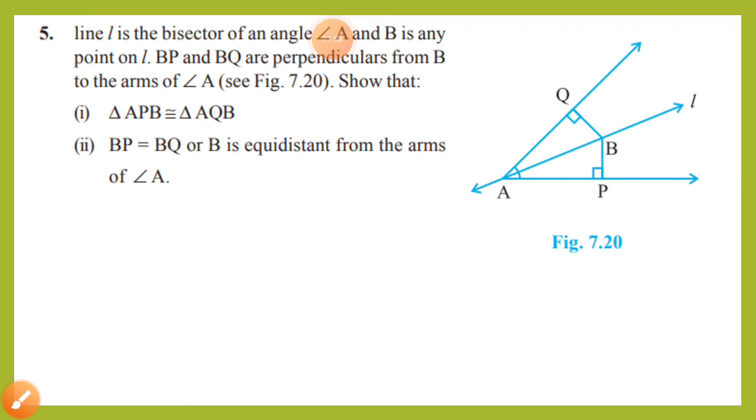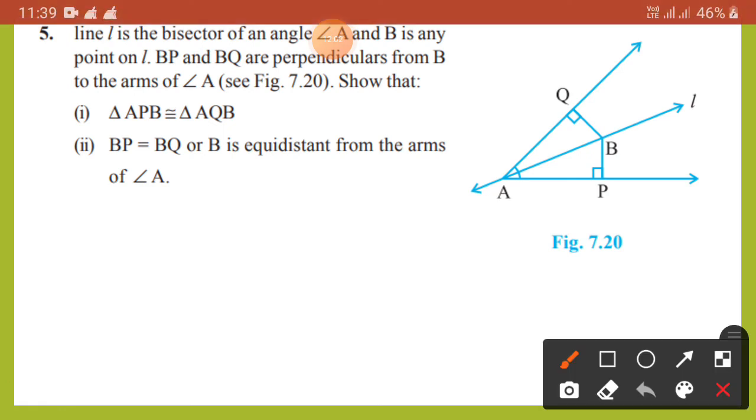Now question number 5. It tells you that line L is the bisector of an angle A. This angle is A, and L bisects this angle into two parts.